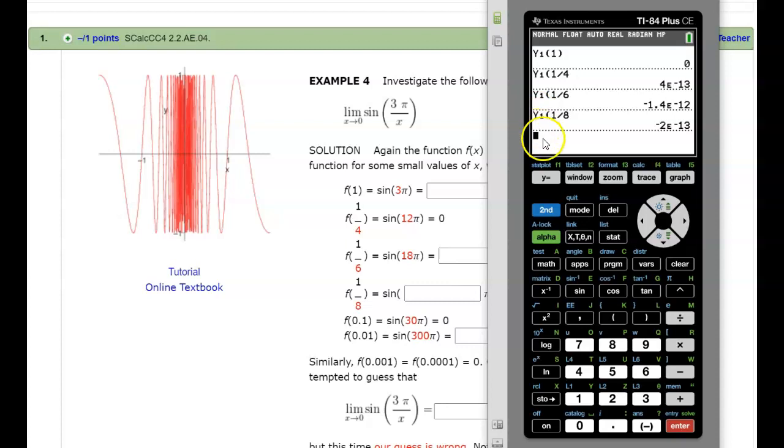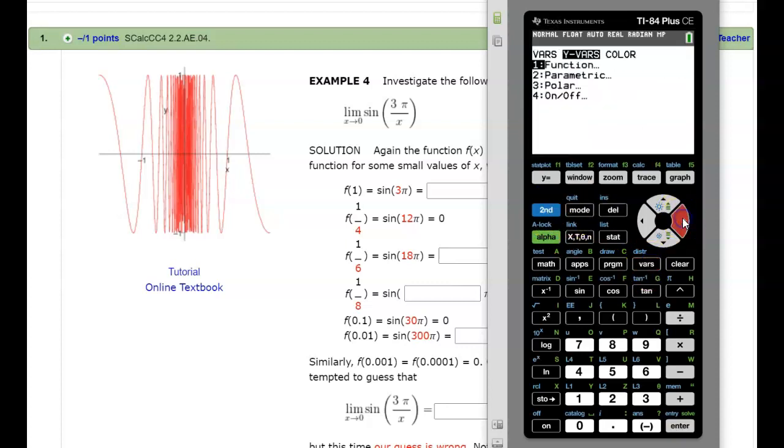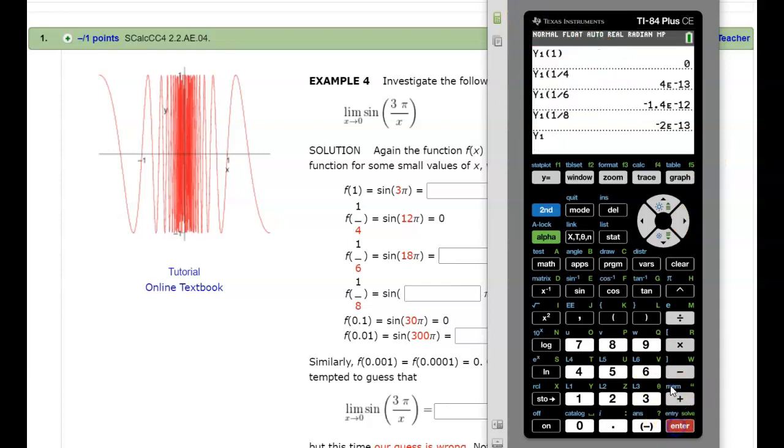Also, if you wanted to get the y equals, I'd have to do a vars, y-vars, and function y1. So instead of using the alpha trace, I could also get the y1 from vars. I can't just type y1 because it's not the same thing. y1 in the calculator is a specific symbol.